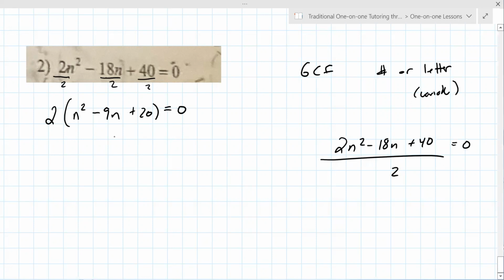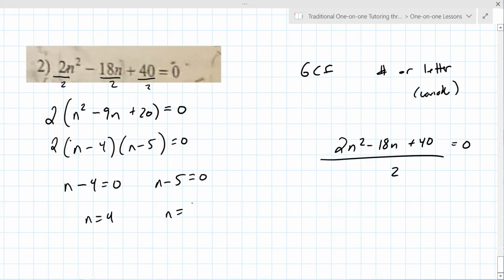But here you have to find two numbers that multiply to 20 but add up to -9. -4 and -5. Yeah, so you've got n minus 4, n minus 5 equals 0, and then n minus 4 equals 0, n minus 5 equals 0, n equals 4, n equals 5. That's right. Okay, very good.